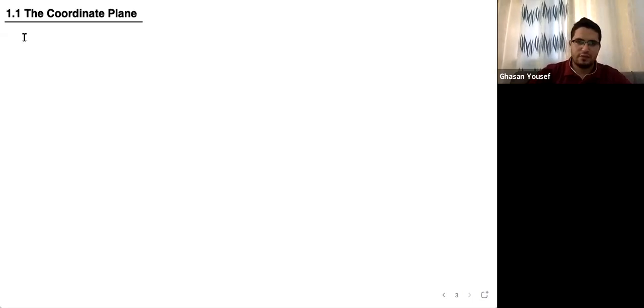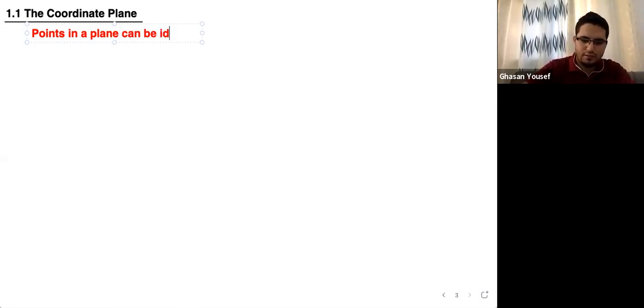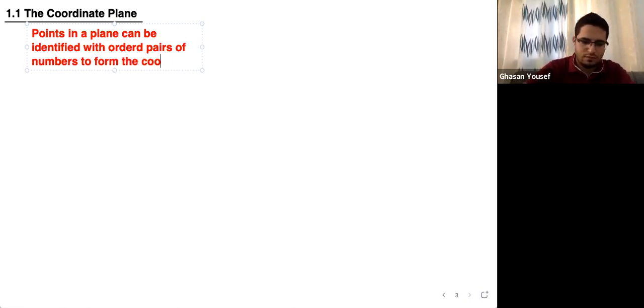So I can define the coordinate plane as points in a plane that can be identified with ordered pairs of numbers to form the coordinate plane.